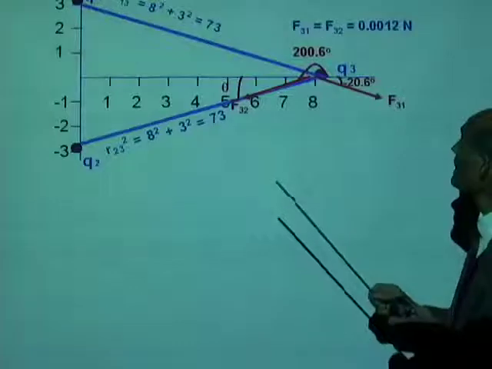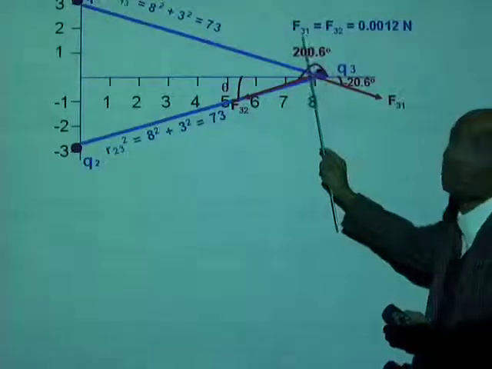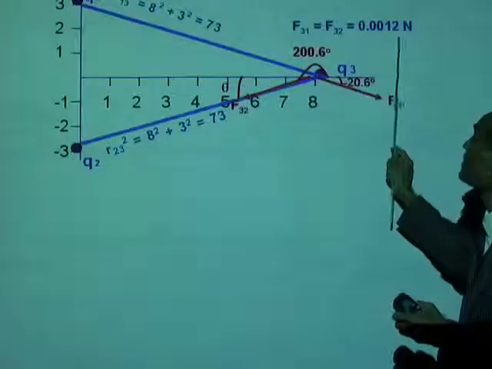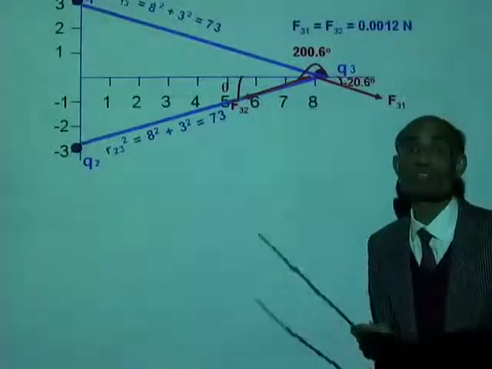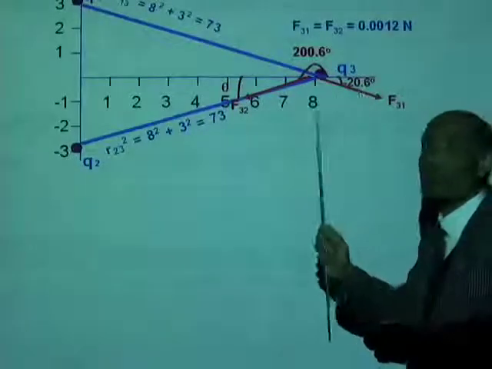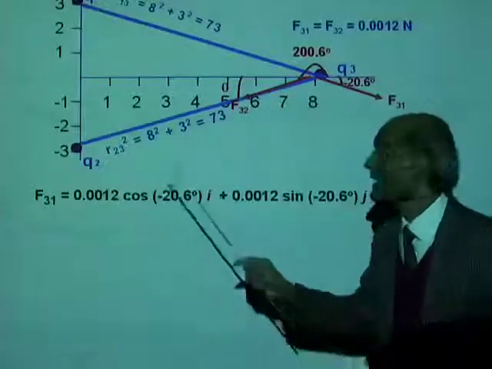Alright, once you have the angle, we know the magnitude of these two forces. Each of them has a magnitude of 0.0012. So let's write each of them in component form.